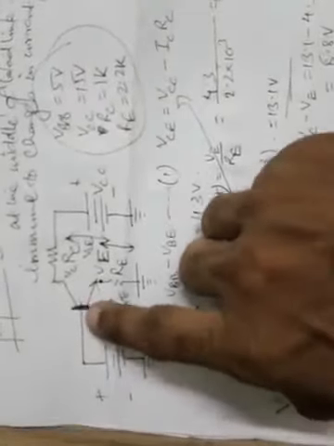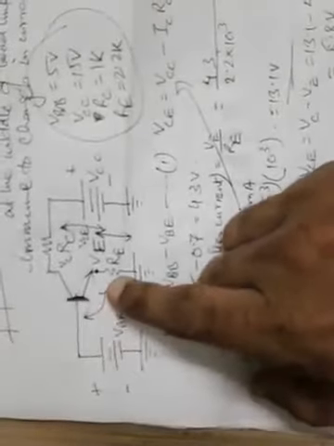Before, almost all the supply voltage was across the base resistor in the base bias circuit, which set up a fixed base current. Now what is being seen? All the supply voltage VBB minus VBE will be the voltage across the emitter resistor for setting up the fixed emitter current.